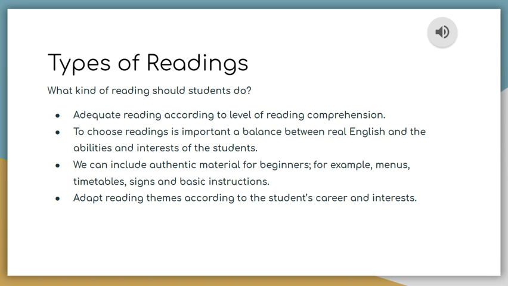In addition, if there is a mixed group with different careers and majors, we can include more variety of texts. Finally, teachers might want them to read magazine articles, letters, stories, menus, advertisements, reports, recipes, instructions, poems, and reference material.